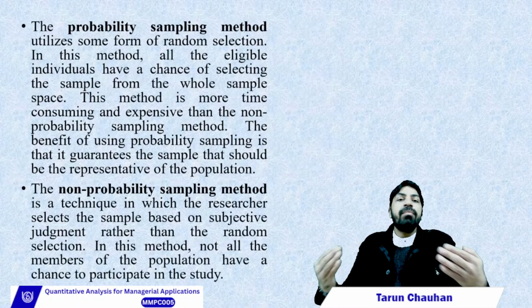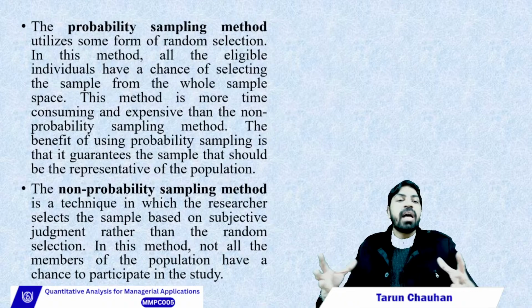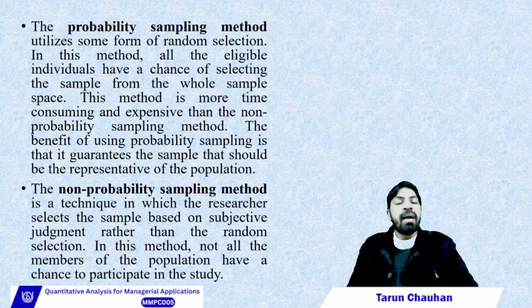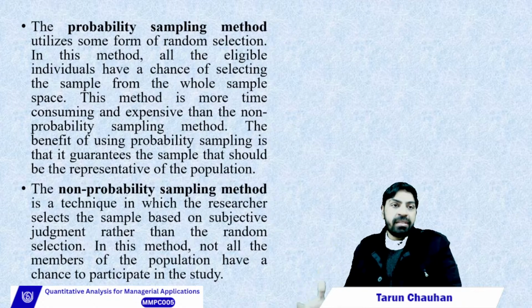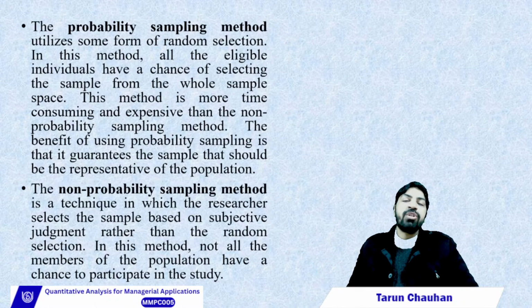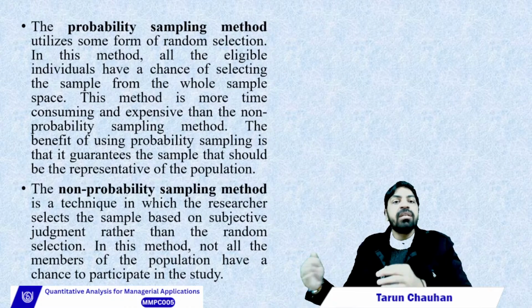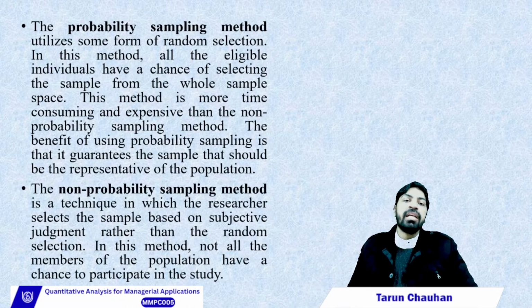Before I come to the major subcategories or subtypes of the main types, that is probability and non-probability, it is very important to understand what the probability sampling method and the non-probability sampling method are. The probability sampling method is that form of sampling where a researcher selects the samples randomly, where all the eligible individuals have an equal chance of being selected for the particular study.